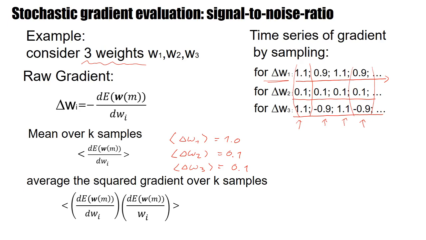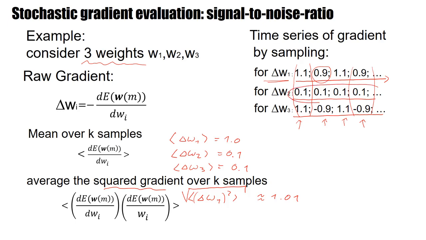Now let's look at the squared gradient. So let's try to do this for the first one. We square it, we take the average, and afterwards I actually take also the square root. So 1.1 squared gives 1.21, 0.9 squared gives 0.81. So if I average over these, I get about 1.01, which for me is essentially 1.